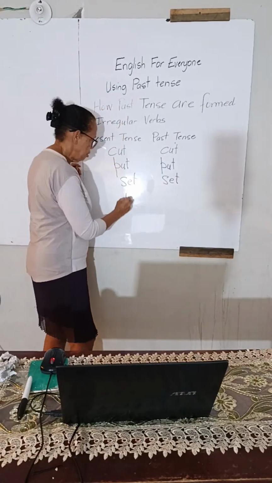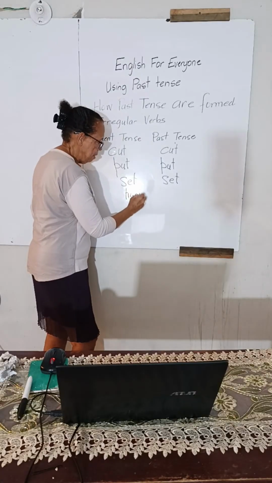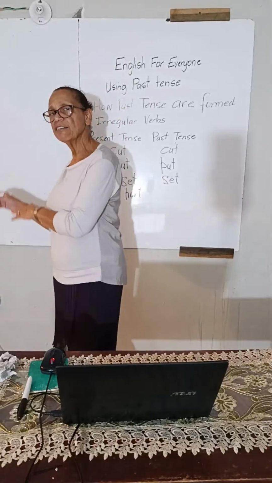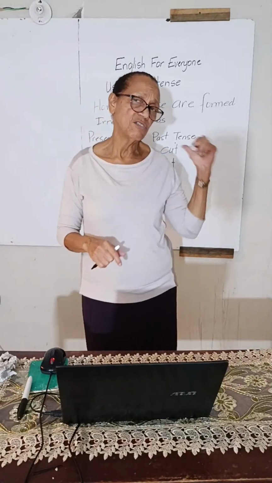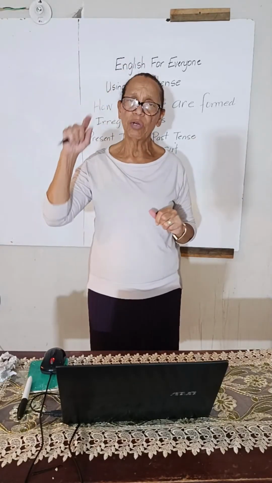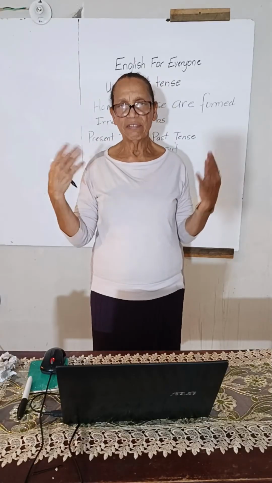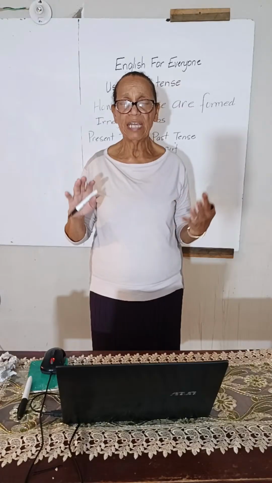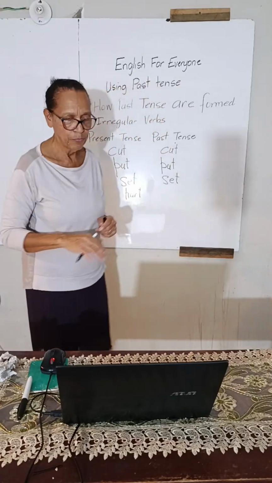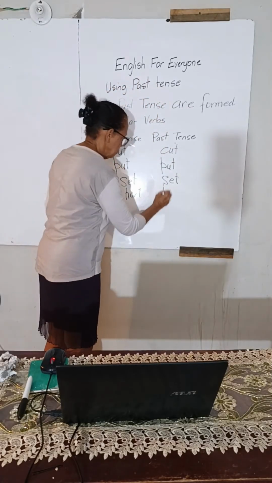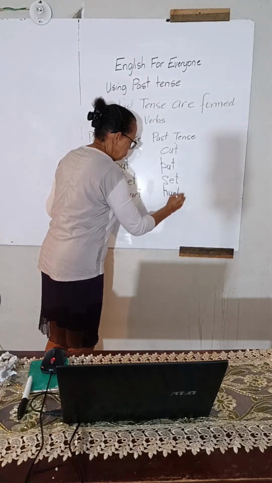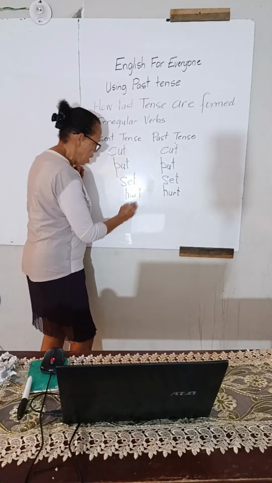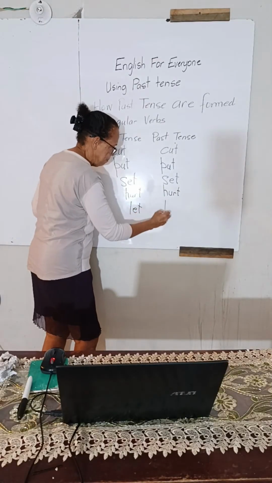Hurt. I hurt my finger today. I hurt my finger last week. I hurt my finger yesterday. It's always hurt, for the present tense and past tense, same thing. Cost is another one that remains the same.